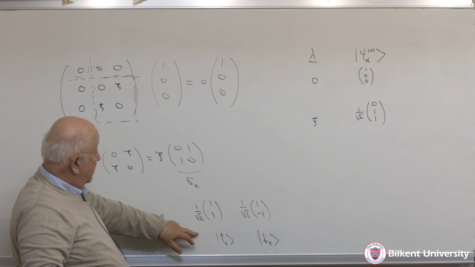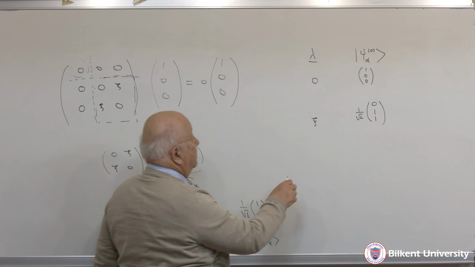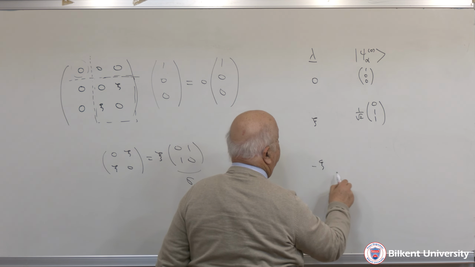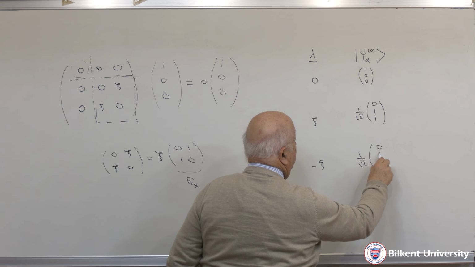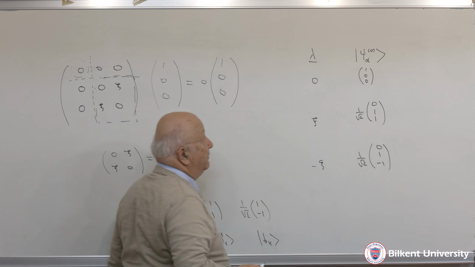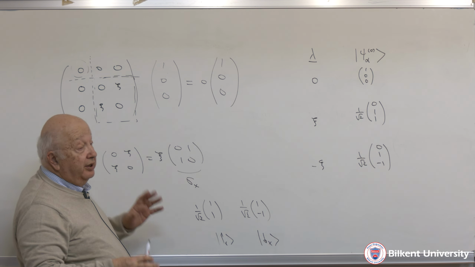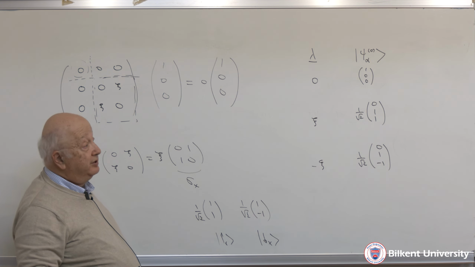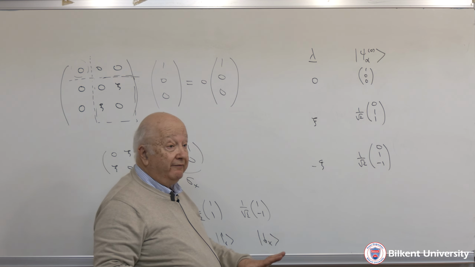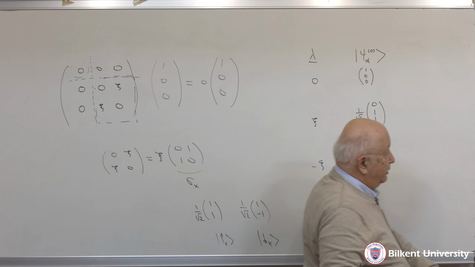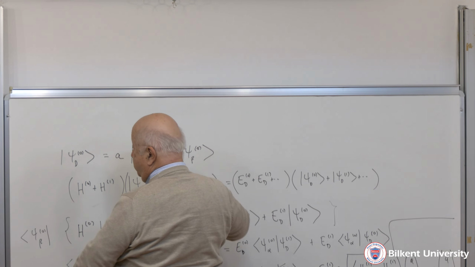Now I have another eigenvalue, which is going to be minus C, and that will have the eigenvector 1 over root 2 times (0, 1, minus 1). So those are the three eigenvectors of our equation. That means now I have found out what the first order corrections to the energy are.